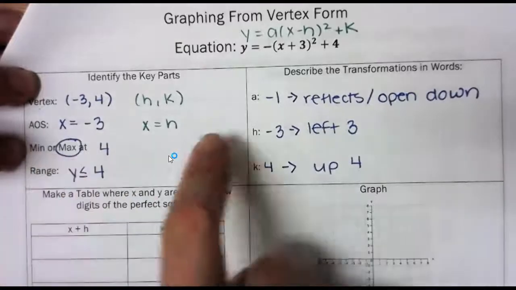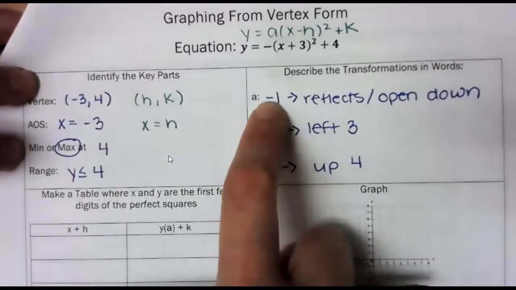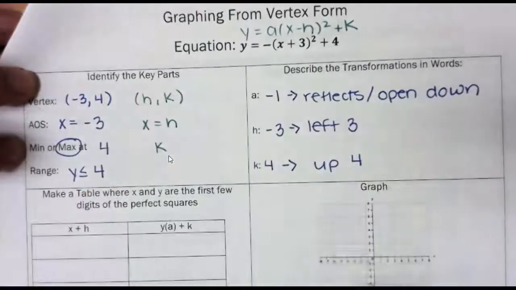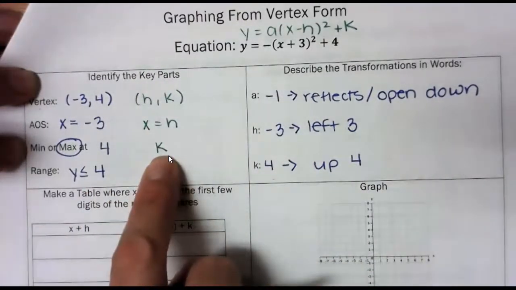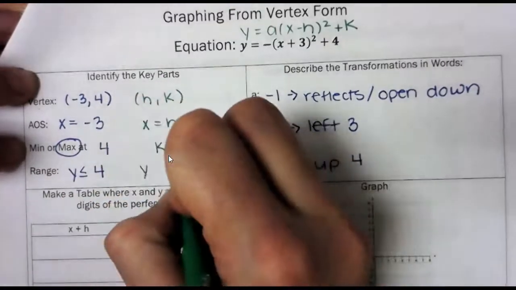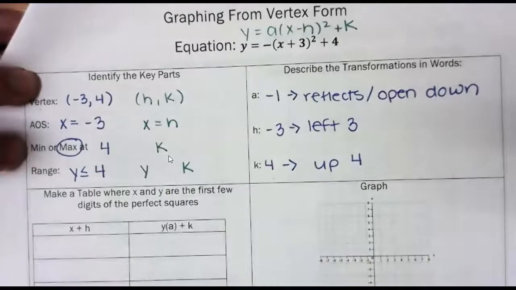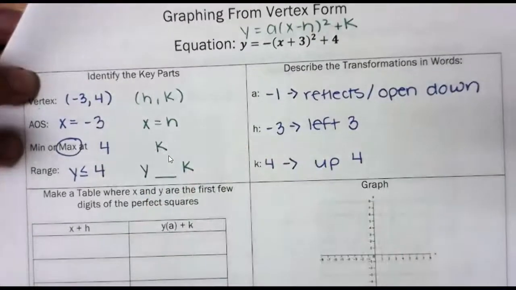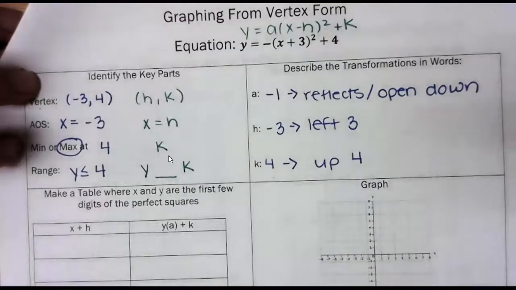The min or max depends on the a value, but the min or max is always at k. So whatever your k is, that's the value it's at. The range is always a y, and it's also with respect to k. Then you just pick the symbol that goes in there. Does that help for those of us that were struggling?